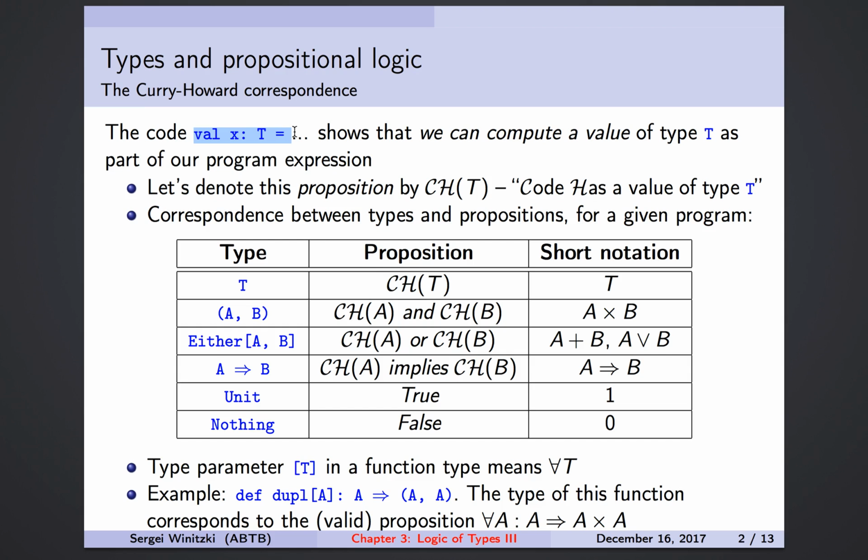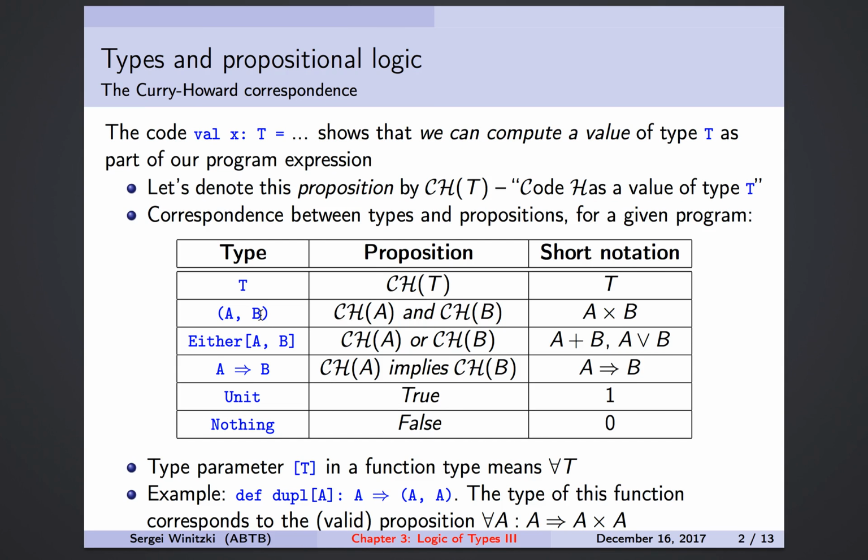The tuple type corresponds to the situation that you have computed two values. So let's say tuple of a and b. It means that if you computed x, which has the type tuple of a and b, it means you have computed some a and you also have computed some b.